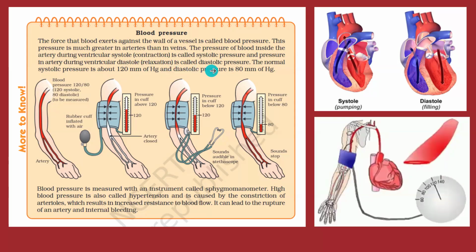We call this diastolic pressure. If no contraction is taking place, can we see more pressure on the blood vessels and arteries? Definitely not. That's the reason the diastolic pressure is 80. So the normal blood pressure of 120 by 80 is the systolic pressure and the diastolic pressure.